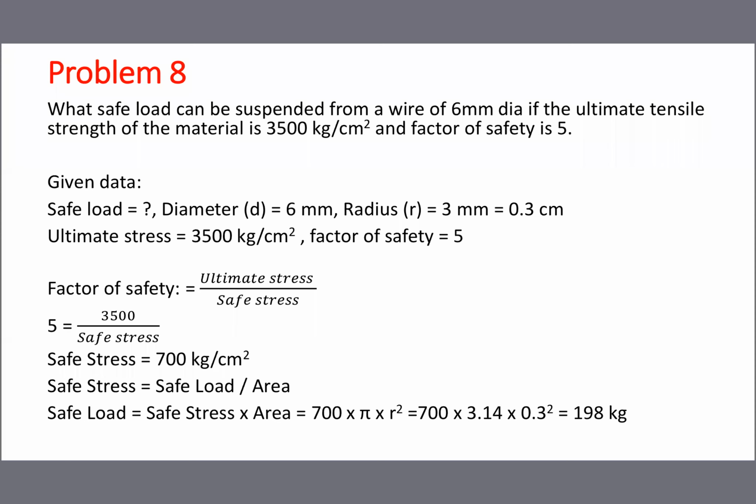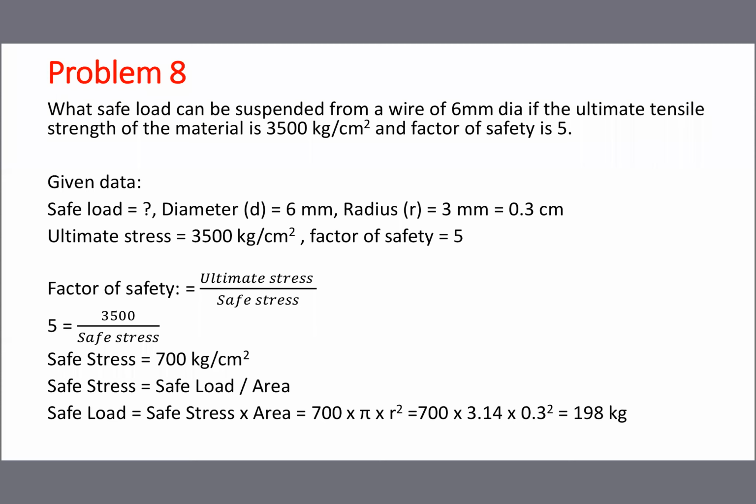So the question is the safe load. If you want to find the safe load, safe stress is required, which is not given. Wire of 6 mm diameter, so round rod. Ultimate tensile strength means the ultimate stress value is given, 3500 kg per centimeter square, and the factor of safety value is given.